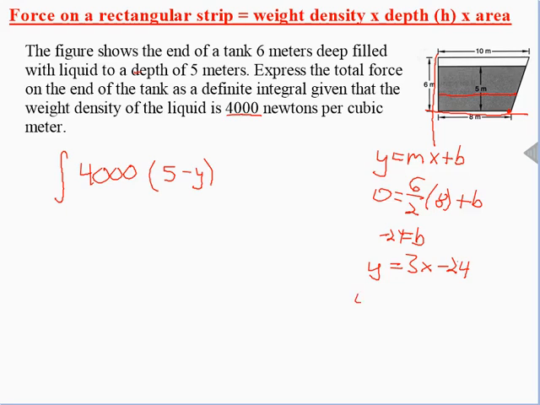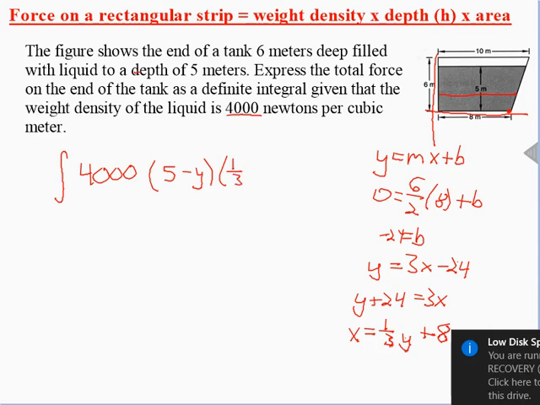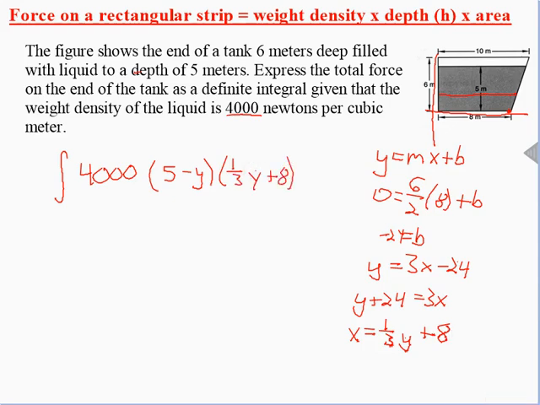So we can add 24 to both sides, equals 3x, multiply by 1/3, and we get x is 1/3 y, and then 1/3 of 24 is 8. So there is the length of this little rectangle: 1/3 y plus 8. And then again, our width of this rectangle is dy.